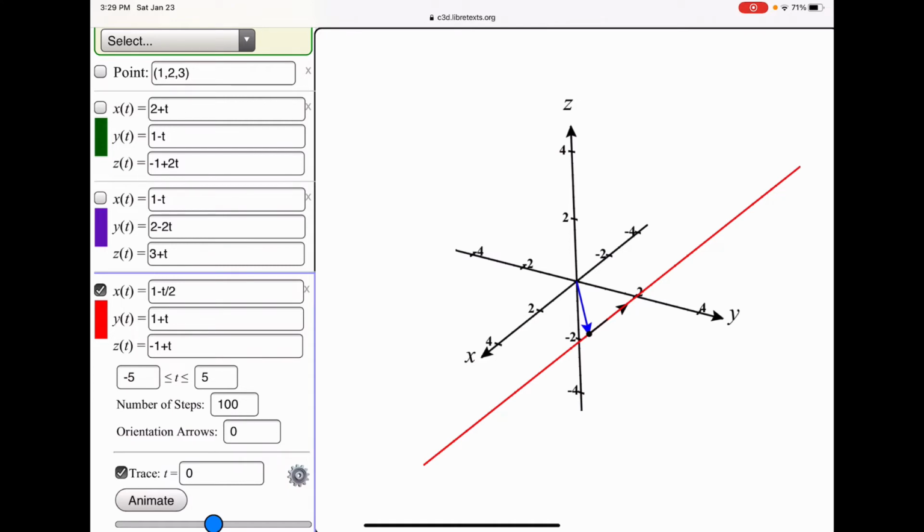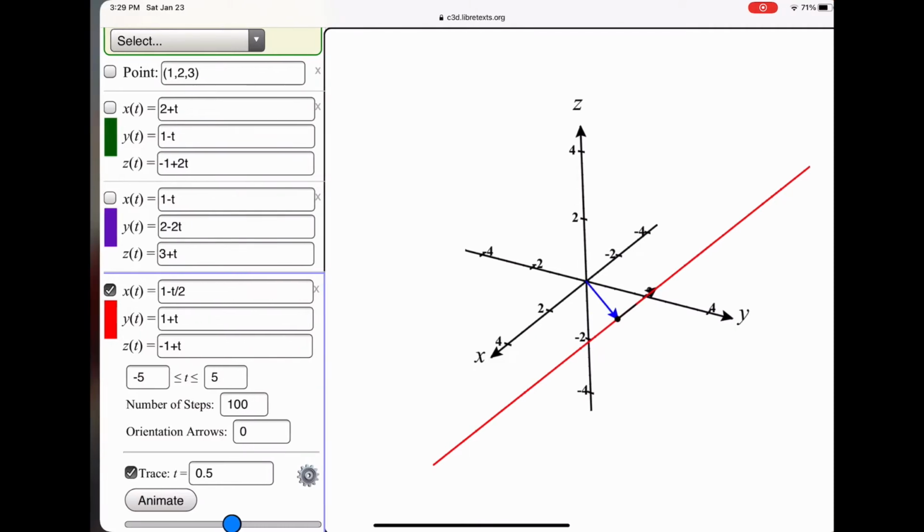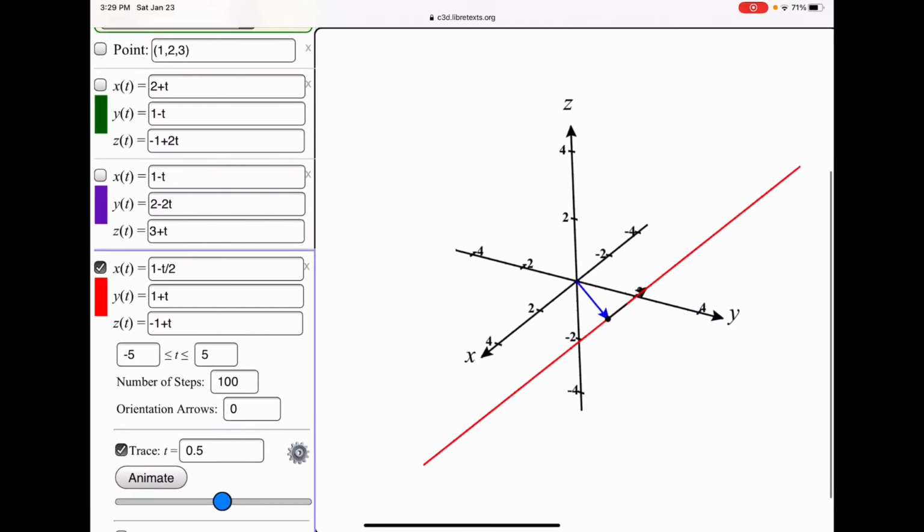So if I let t increase, then you can see that vector move through the line. So that's at t equals 2. Now I have essentially r0 plus 2v that vector is pointing at.